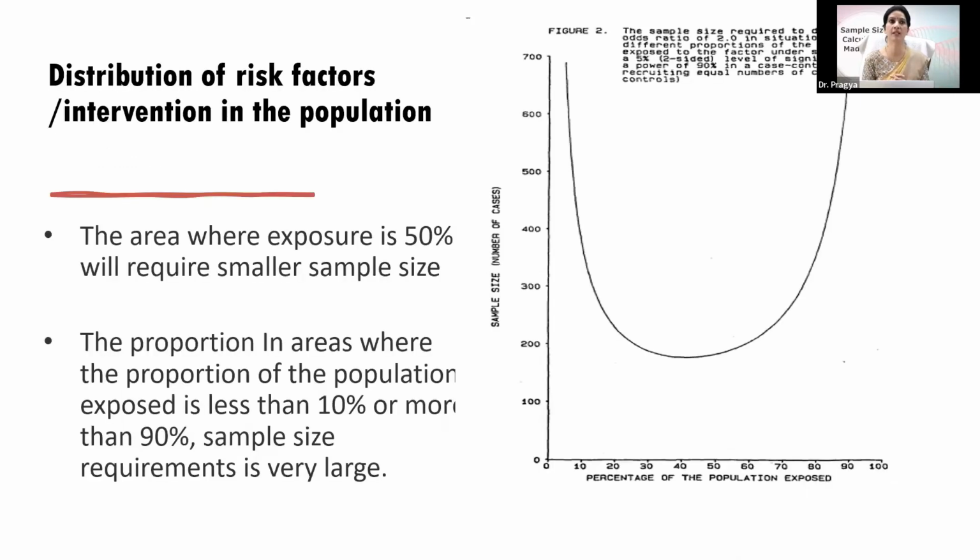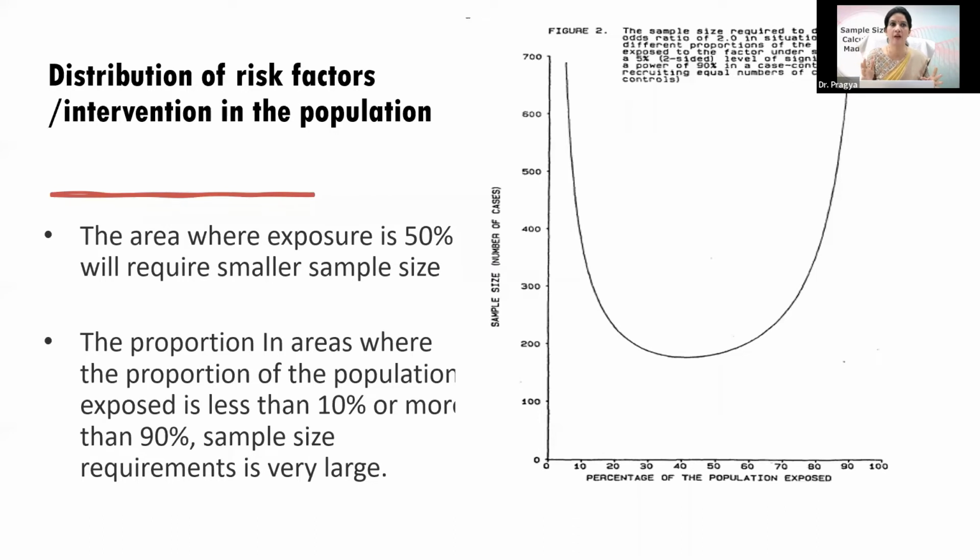Now, the second one is the distribution of risk factor in the population. In this case, if you see the distribution of risk factor, this is a U-shaped curve. Can you see it? Where the exposure is 50%, what do we mean by 50% of exposure? It means 50% of the controls will have the exposure and 50% will not have the exposure.